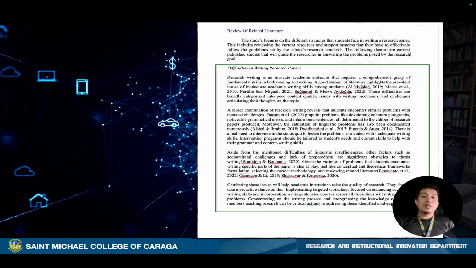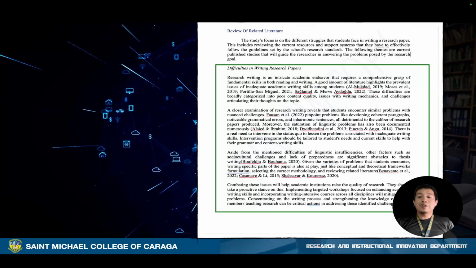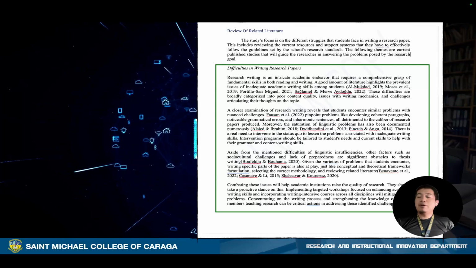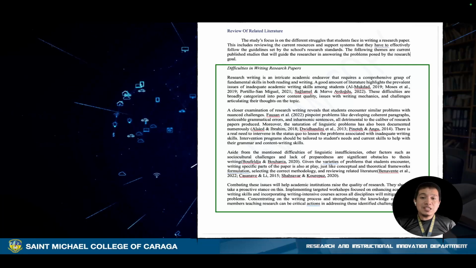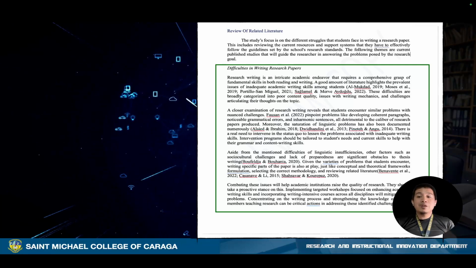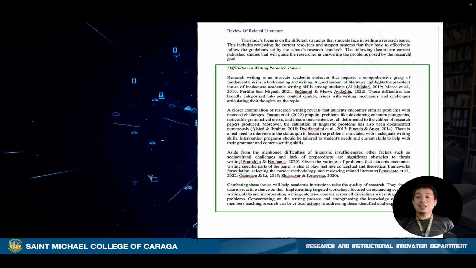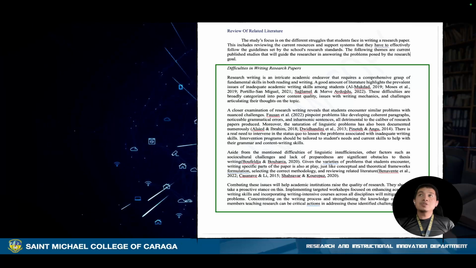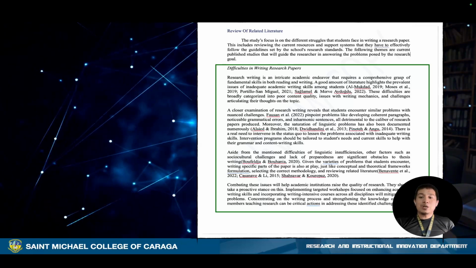If you're going to look at the second part, this is now the first part of your review of related literature. The purpose of comparing and contrasting, the purpose of critically analyzing the paper, is grounded on the idea of how you properly discuss the existing body of knowledge. You also need to make sure that you will be able to connect that with your research question.